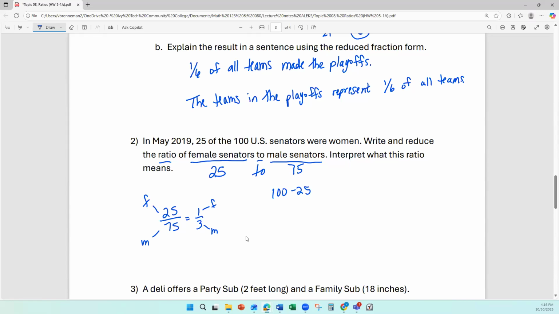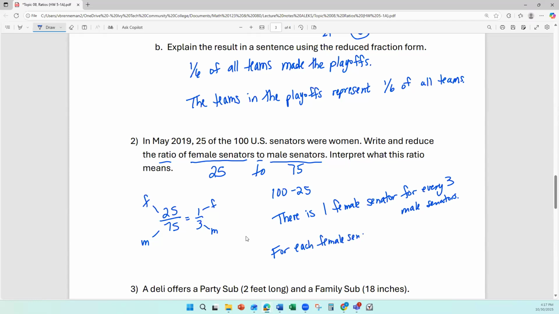So in a sentence, we might say there is 1 female senator for every 3 male senators, or maybe for each female senator.